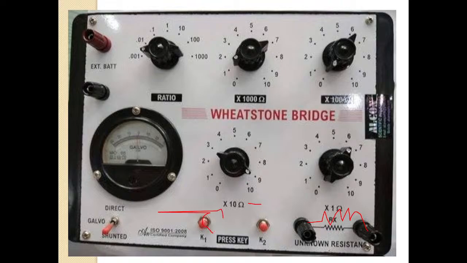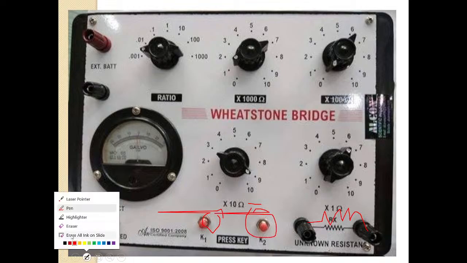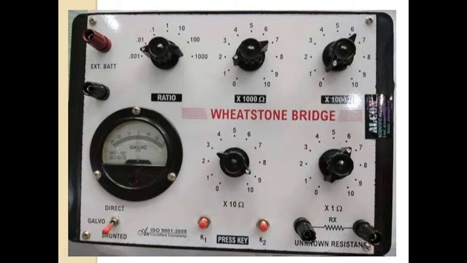You can press these two knobs at a time. When you press both the knobs at a time, the galvanometer may deflect right side or left side.